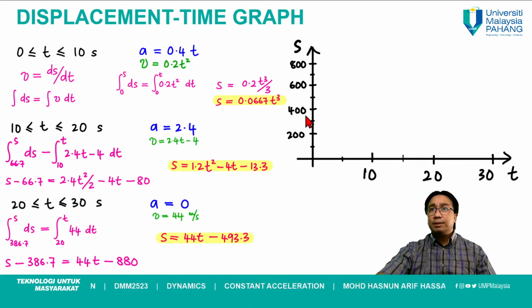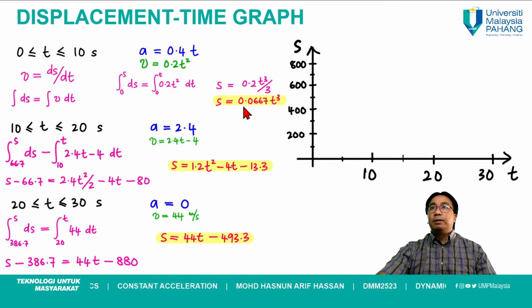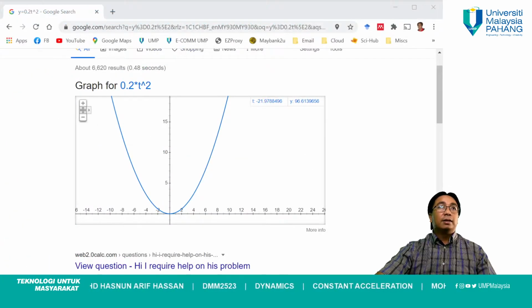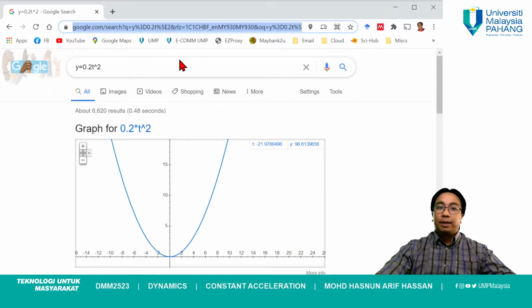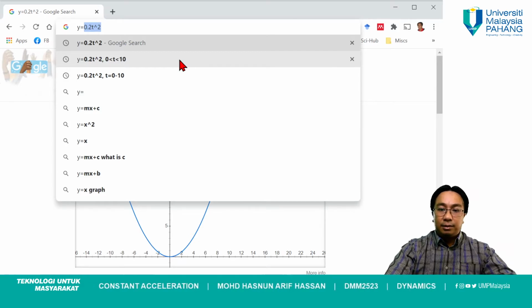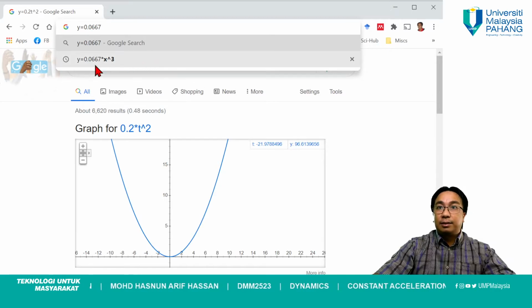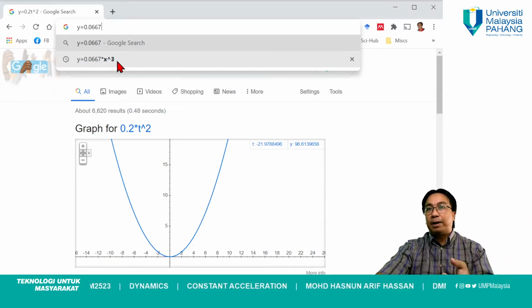Okay. Sekarang, you maybe not sure macam mana rupa graf T cube ni, T to the power of 3. Okay, so macam tadi, kita boleh go back to Google, and then kita boleh type in now y is equal to, let's say, 0.0667, dekat sini saya dah tulis dah, times x to the power of 3. Okay, kita always gantikan y dan x lah, sebab Google dia pandai baca y dan x je.